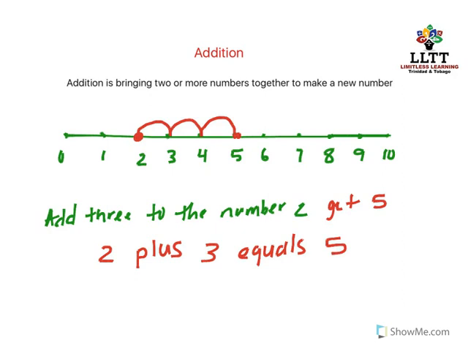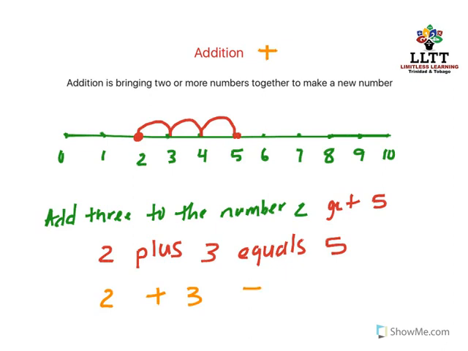Now we can write that statement using math symbols. 2 plus, this is known as our addition sign. Addition has this sign that looks like a cross. So 2 plus means we're adding the number 3.